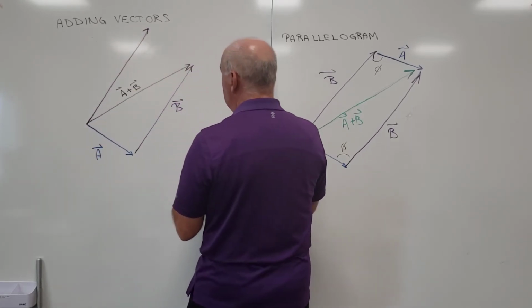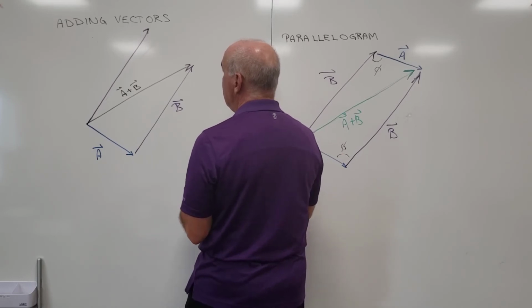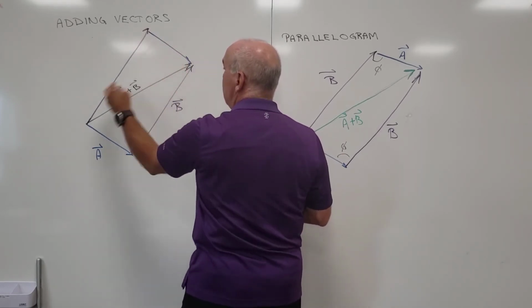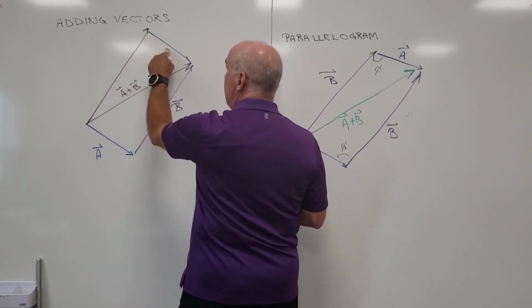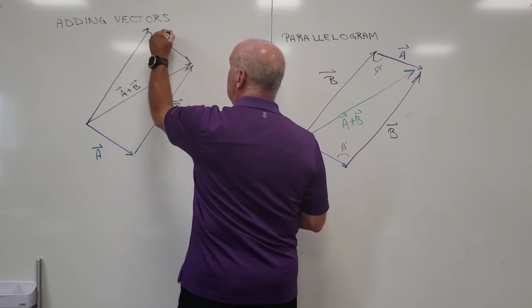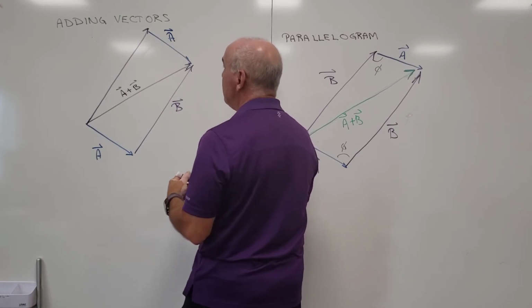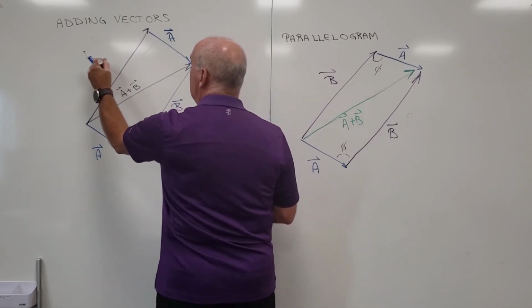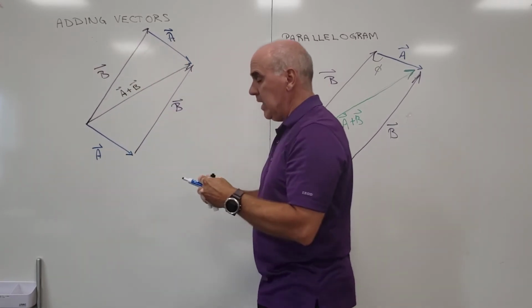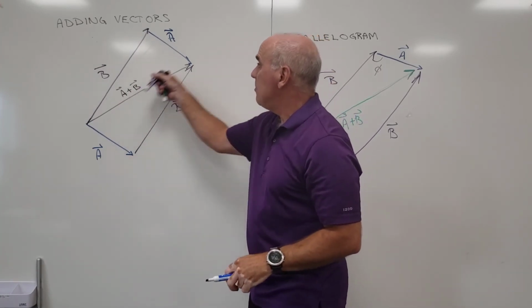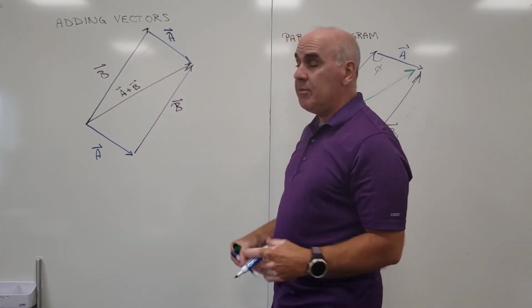And then we take path B, again, tip to tail, right? Tip to tail, this is path A. I think I said path B. This is path B, so we do path B first in this case, and then path A, and we end up at the same place.